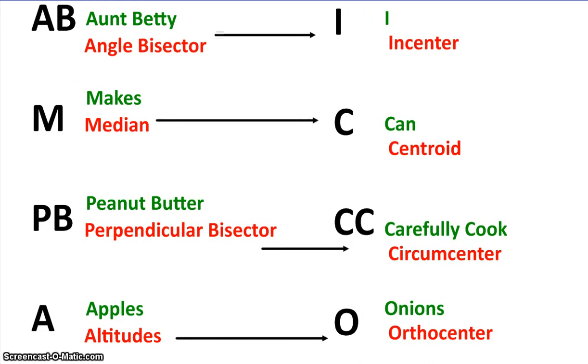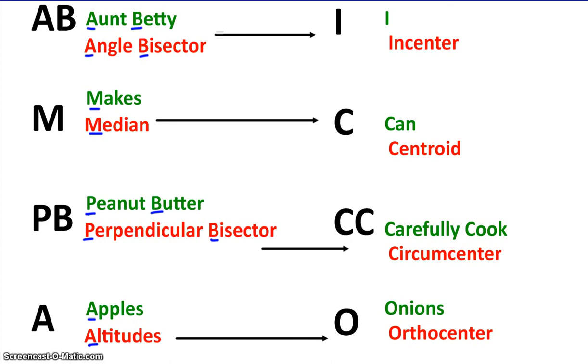You can see in green where I've said Aunt Betty makes peanut butter apples, and then I can carefully cook onions. Those would translate. So if you take a look, peanut butter is PB, and so is perpendicular bisector. A for apples, A for altitudes, M for median, M for makes, Aunt Betty, angle bisector.